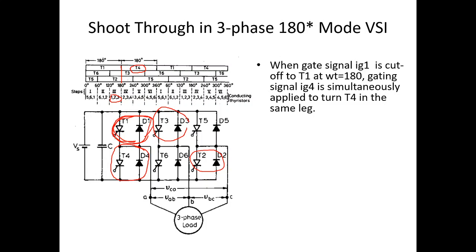During that short period, T1 is already on and T4 is turned on, so both T4 and T1 are going to conduct. So in this particular leg, switches 1 and 4 simultaneously conduct, which leads to a dead short circuit of the voltage source. This is known as shoot through.